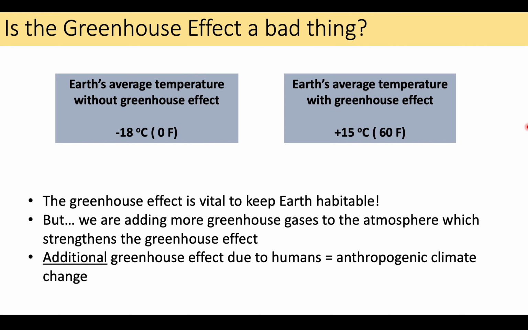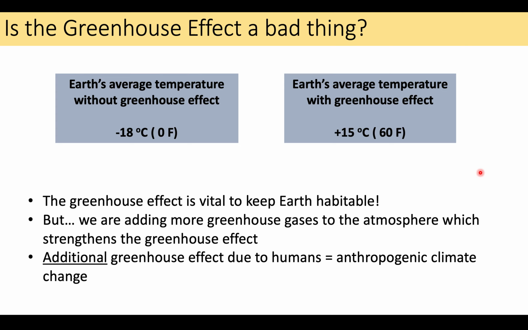However, what we, being humans, are doing now is we are adding way too many greenhouse gases to our atmosphere. So this greenhouse effect, the warming, is just going to keep increasing. This greenhouse effect is going to get stronger and stronger with the more greenhouse gases that are in our atmosphere, meaning that the temperature of our Earth is just going to keep going up and up.